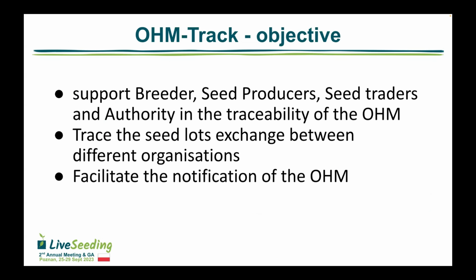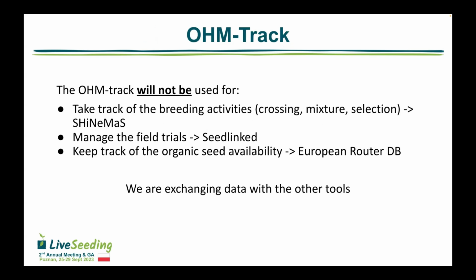The OHM objective is to support breeders, seed producers, seed traders, and also authorities in the traceability of OHM, so exchange of information about all the people that are involved. It tracks the seed lot exchange between different organizations, and also facilitates the notification.